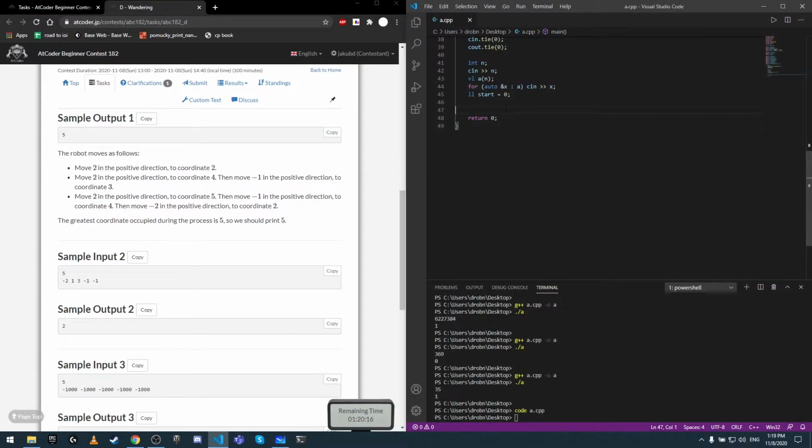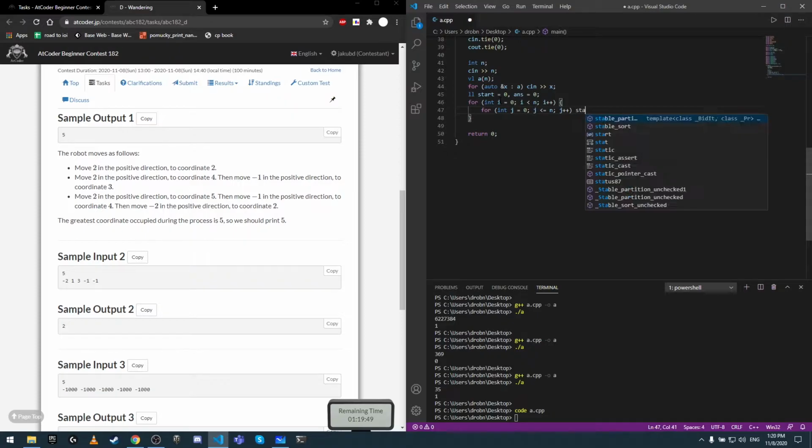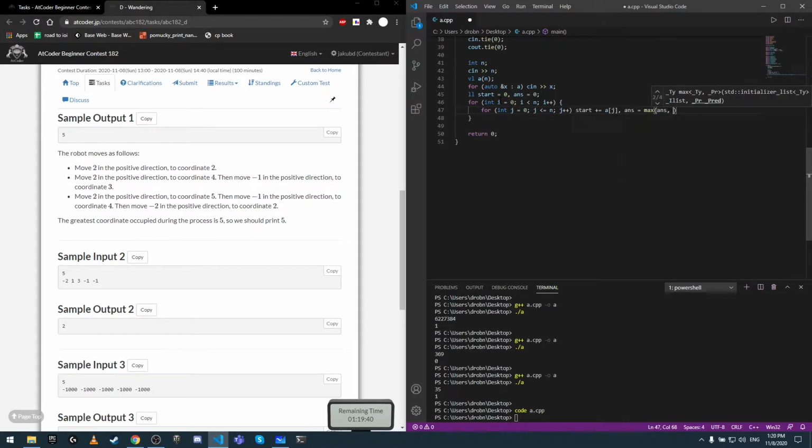Oh, okay, we can implement this first. J plus plus, and then we do start plus equals aj, and ans equals max of ans and start, and then so start answer.